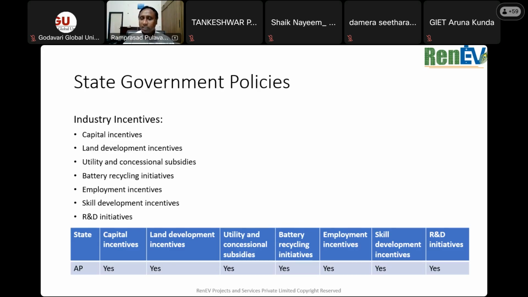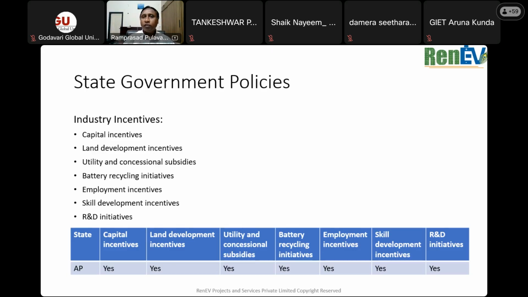In the electricity bill of your home, there is something called electricity duty. For each kW that is sold, the government collects some duty which is paid to the state government. It is collected by the distribution company and ultimately paid to the state government. Those concessions are provided to the industries which are in the business of electric vehicles.